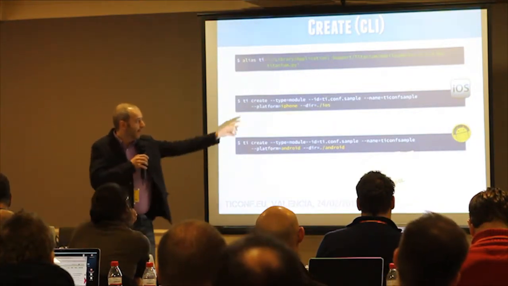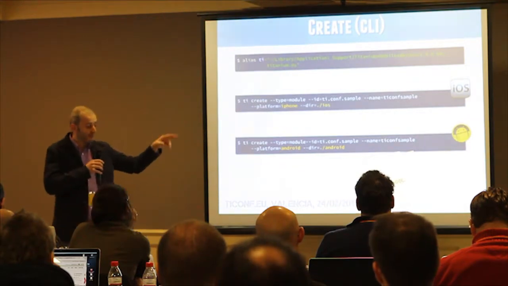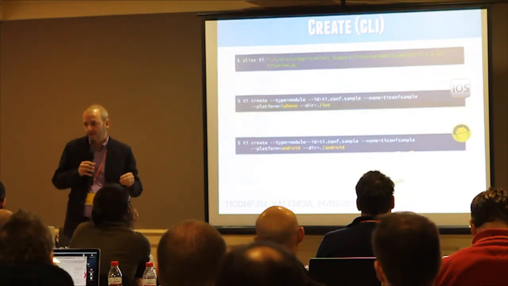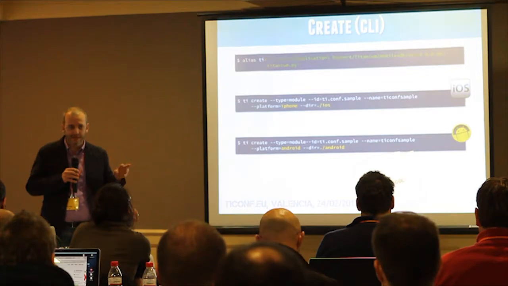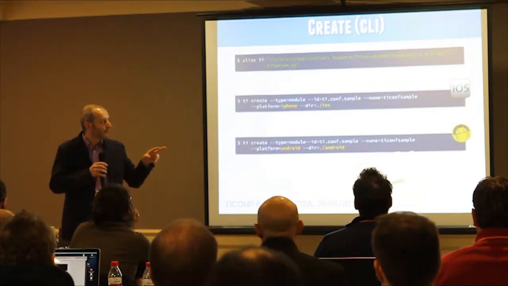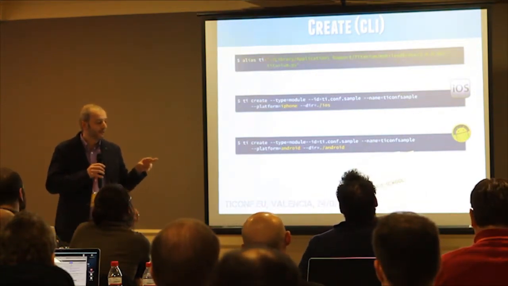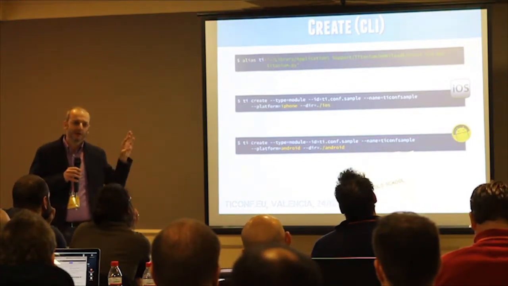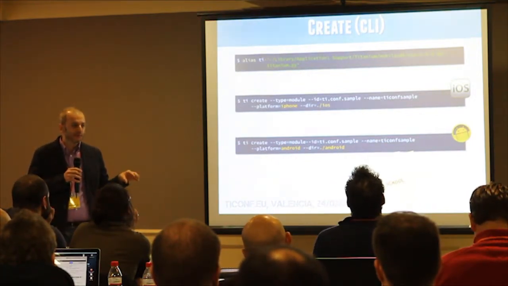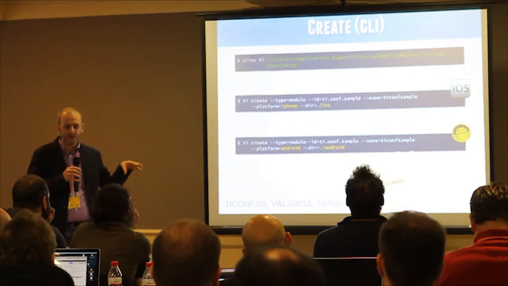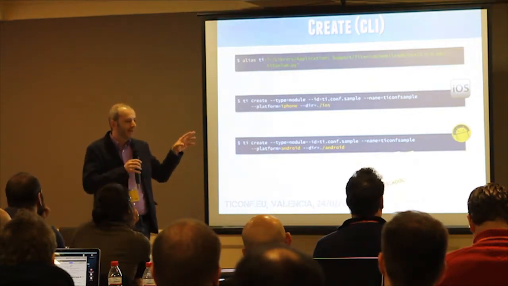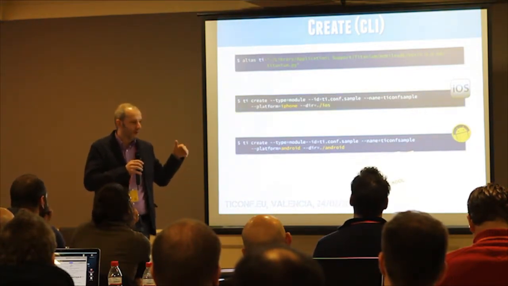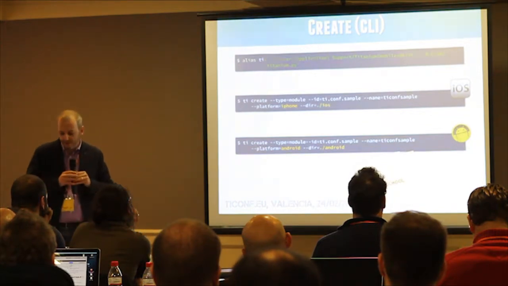As you see, the type equal module. We have to define an ID, just like when we create an application, possibly with the reverse DNS notation. We give a name to the project, which will be used either for the native project and for the directory containing the project. We have to define the platform we want to develop on and the target directory.